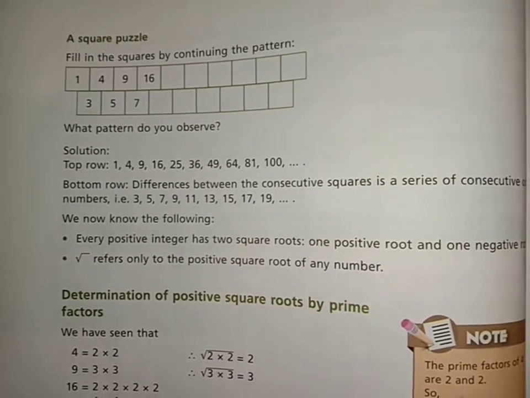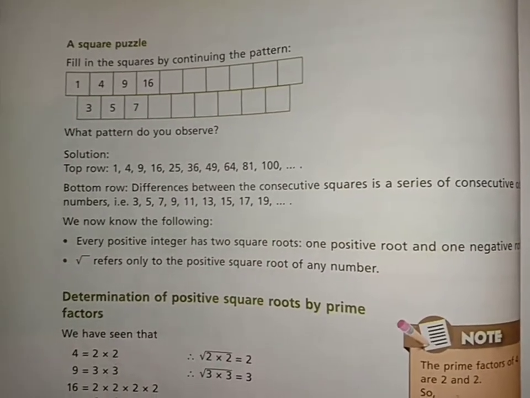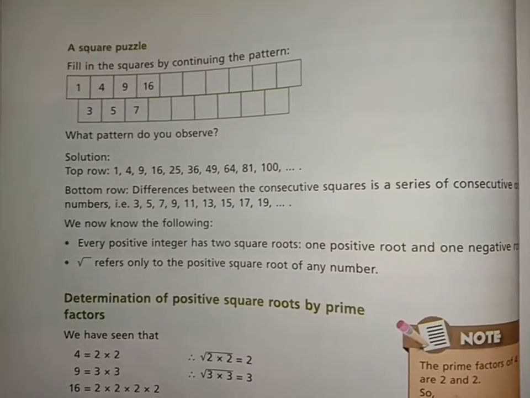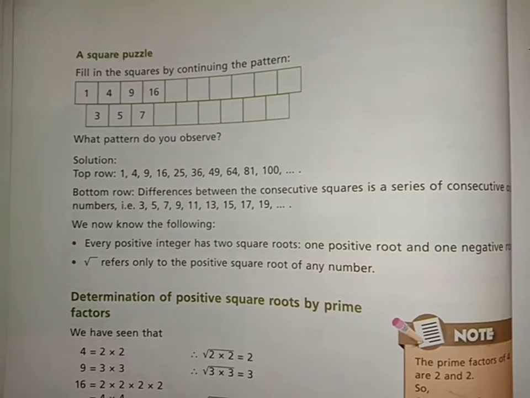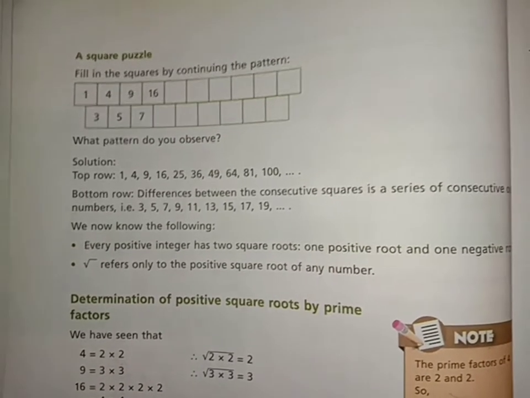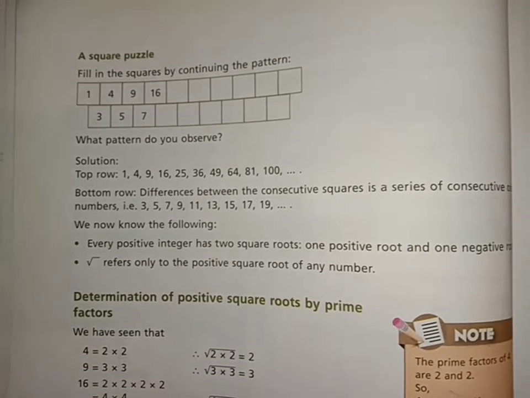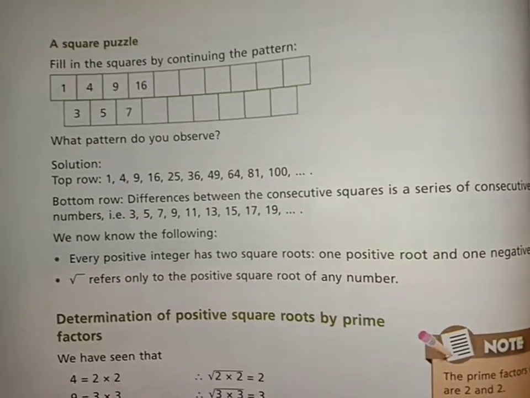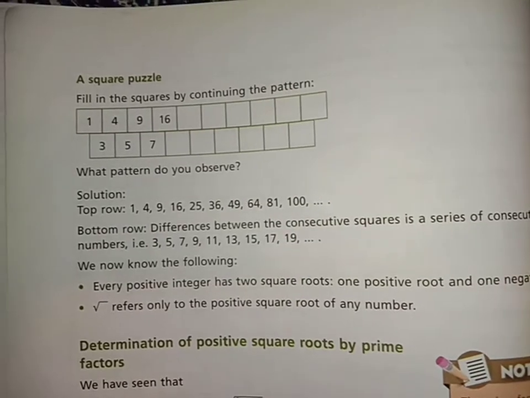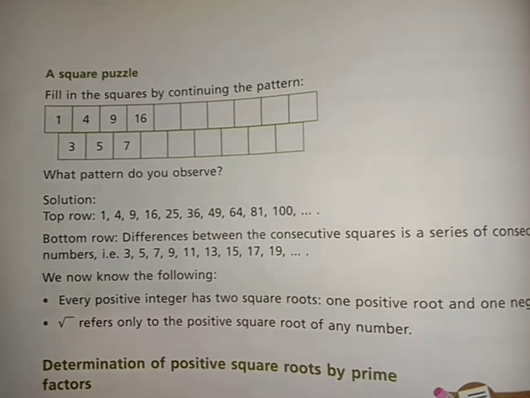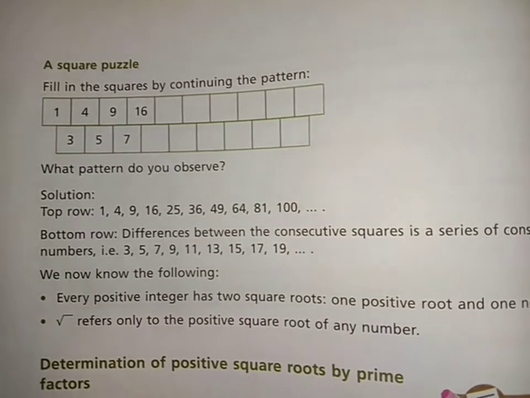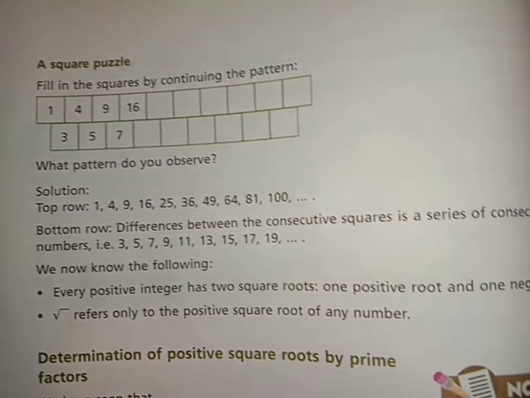Next, the most important point to remember is that every positive integer has two square roots, one with a positive sign and the other with a negative sign. So whenever we open a square root, we have a positive answer and a negative answer, but the sign of square root only refers to the positive square root of the number.